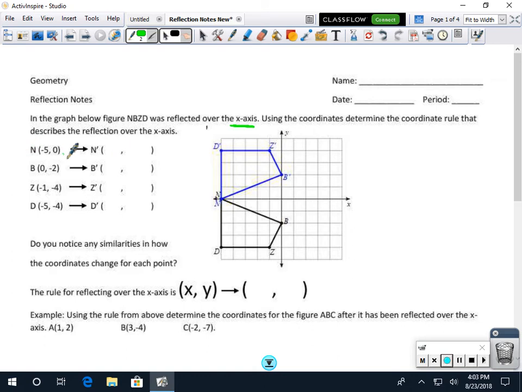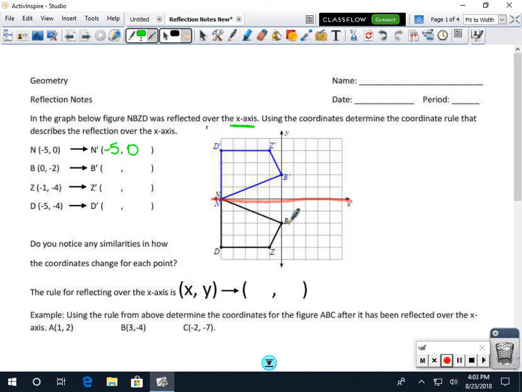If N is at the point negative 5, 0, it's actually on the x-axis that we are reflecting across, so nothing changes. N prime will be at negative 5, 0. B is at the point 0, negative 2.